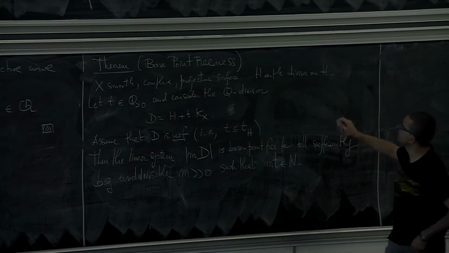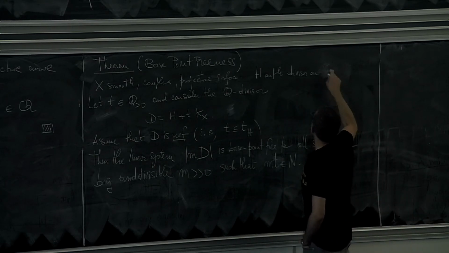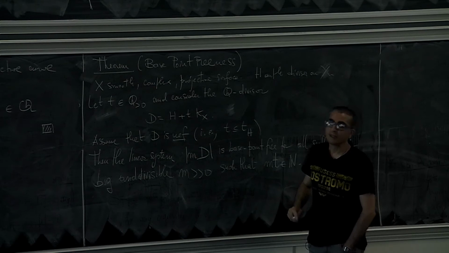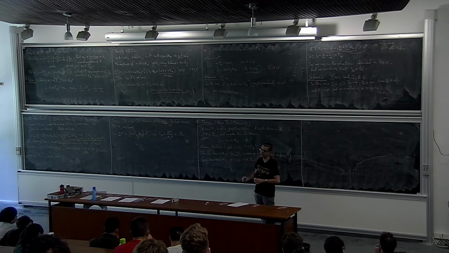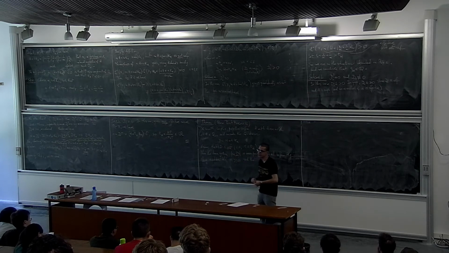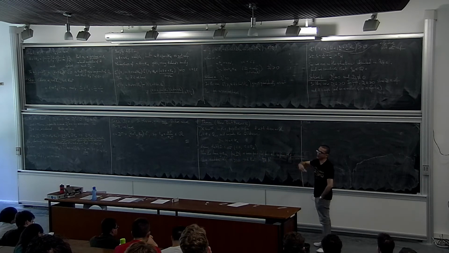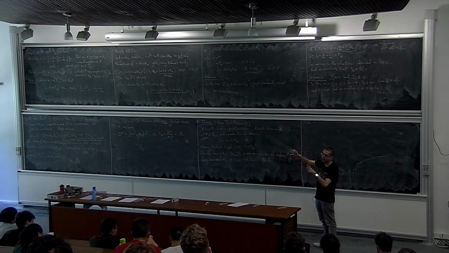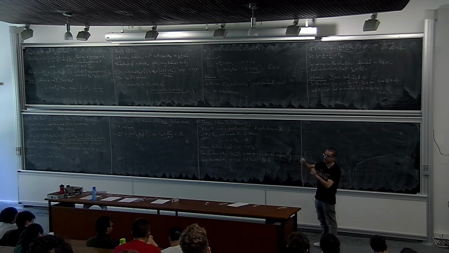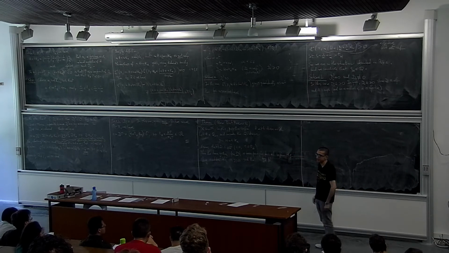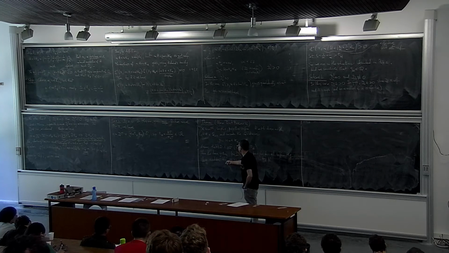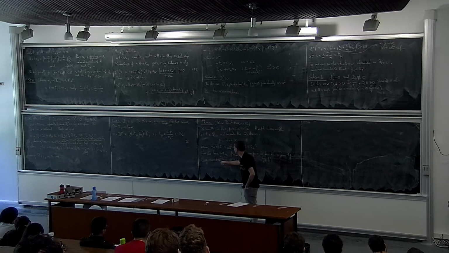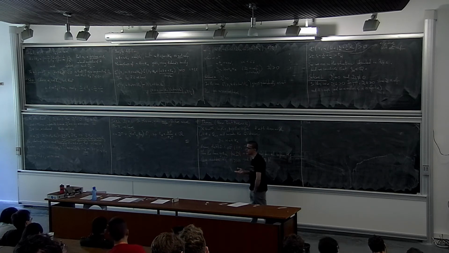So the statement is one. You have an ample divisor. What do you mean with divisible? Divisible means that at a certain point you must clear some denominators, some finite number of denominators. And so you require some property of divisibility, but apart from this, it's big enough. So you need that this number is big and is divisible by a finite number of integers. This is a technical problem because I think that there are more complicated versions in which this requirement is not needed.